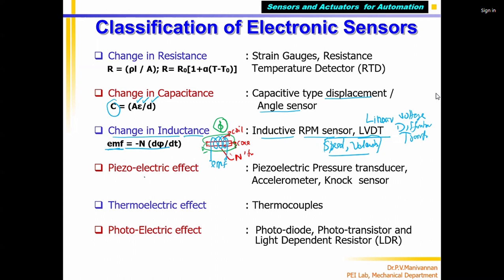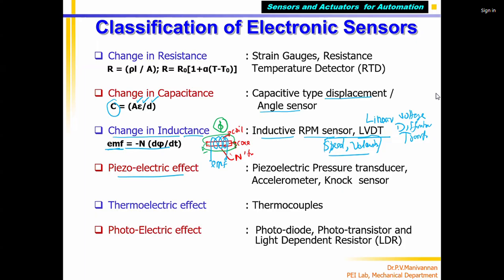The fourth type is called the piezoelectric sensor. When we talked about bidirectional, I already told you, if you apply mechanical force or pressure, it generates an electrical charge. The charge is proportional to the amount of force applied.